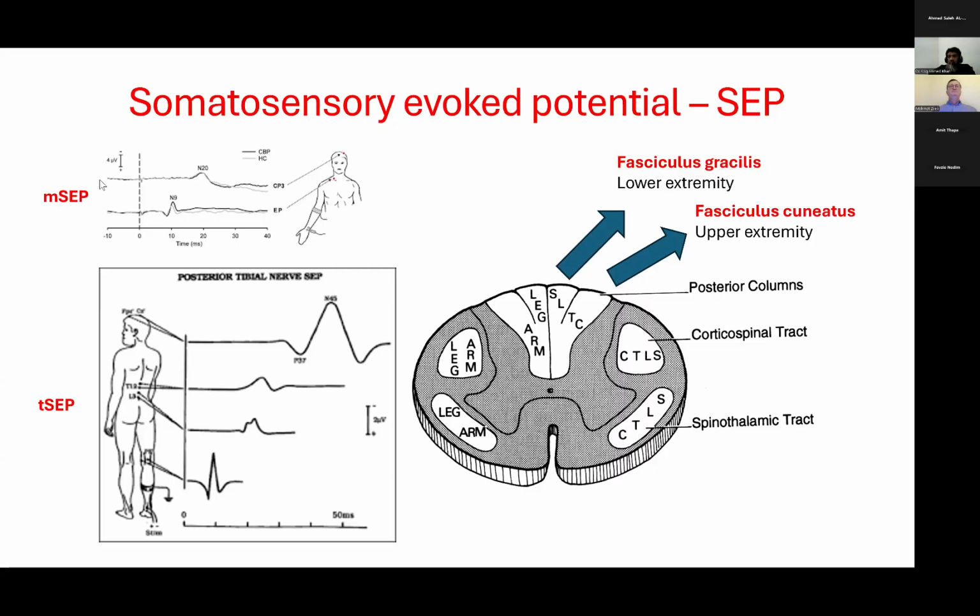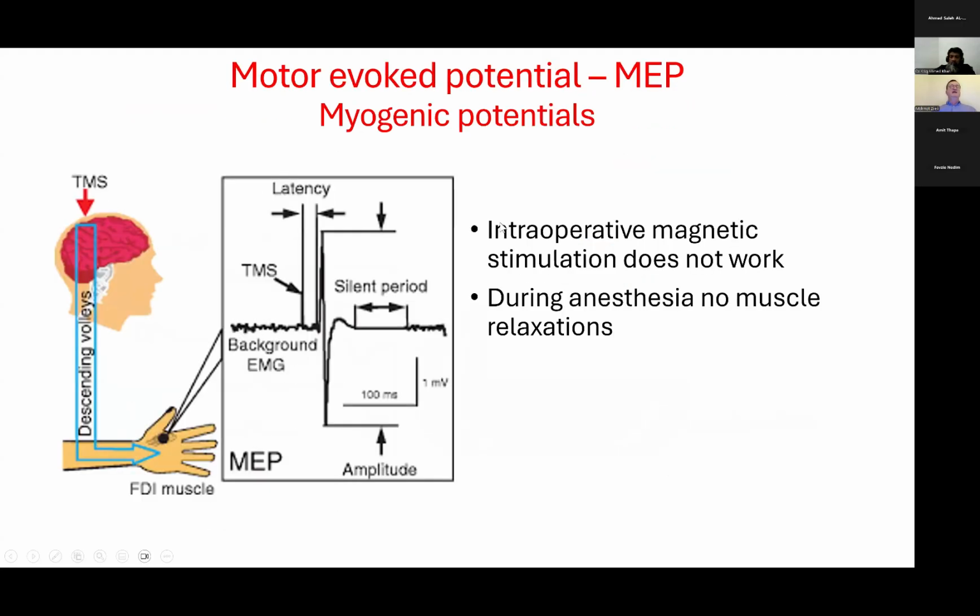However, motor evoked potentials by stimulation of the motor cortex during surgery you can make with electrical stimulation, and you must have no muscle relaxation with this, and get the potentials from the muscles itself. So we call it myogenic potentials.